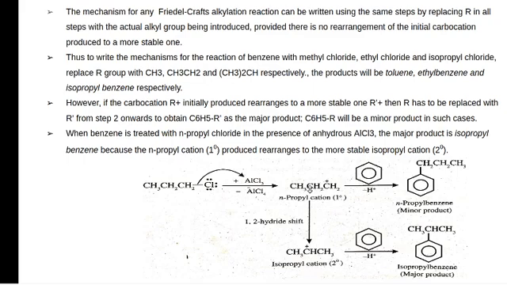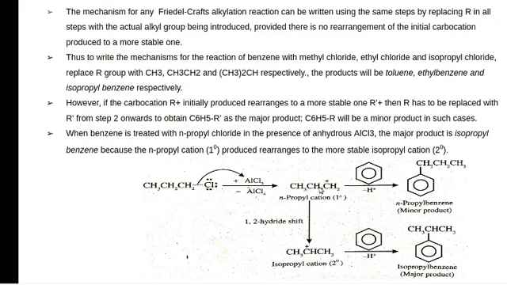Here there occurs a 1,2 hydride shift. This is the carbocation carbon, positively charged carbon. On the adjacent carbon there are two hydrogen atoms. From this carbon, one of the hydrogens will move by taking the electron pair and shift to this carbon.